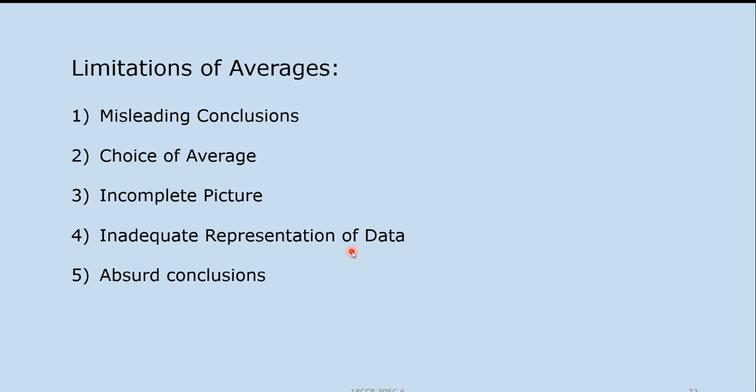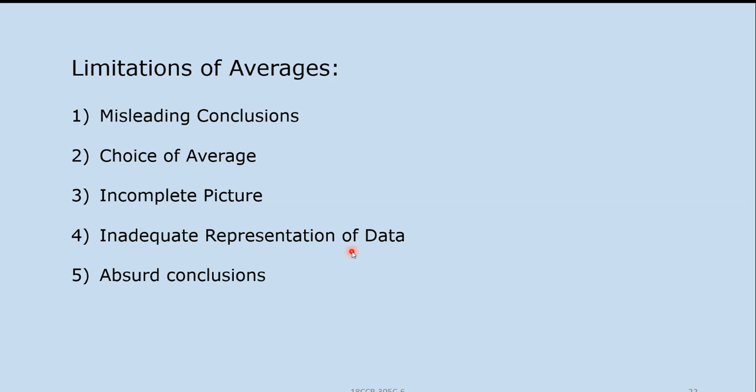The next one is inadequate representation of data. The data is not properly represented. Even though we have seen that the data given is represented by the average, but it is not so. In most of the cases, it is not correct. And last one is absurd conclusions.